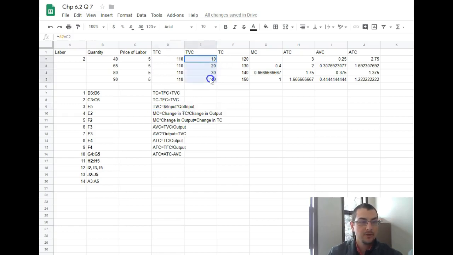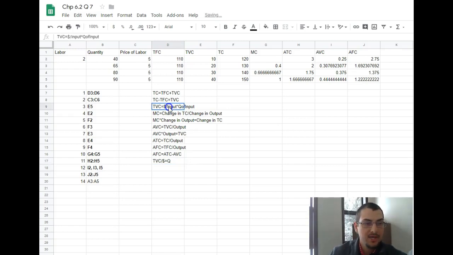Well, we have all of our total variable cost. We know what the price of labor is. So we're going to simply reverse engineer this total variable cost equation, and we're going to say total variable cost divided by the price will equal the quantity.